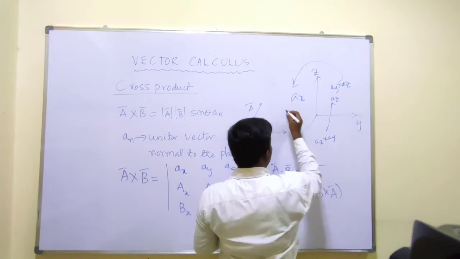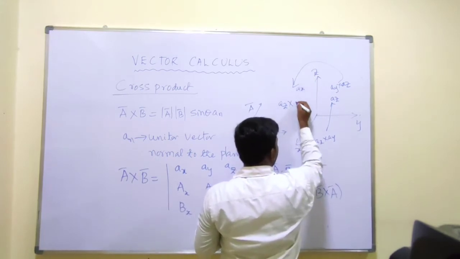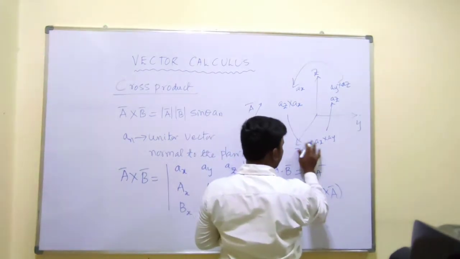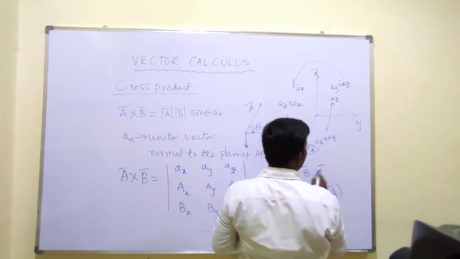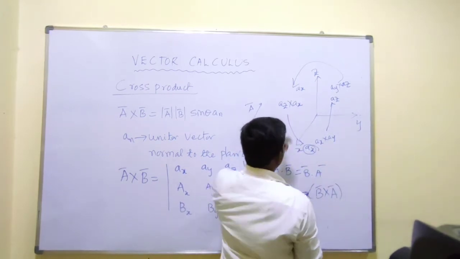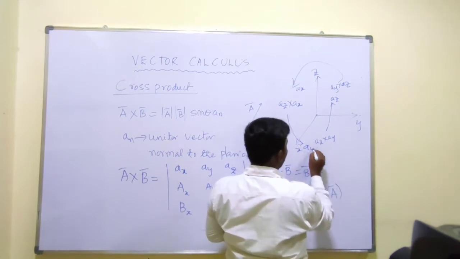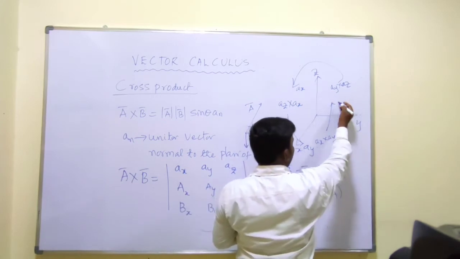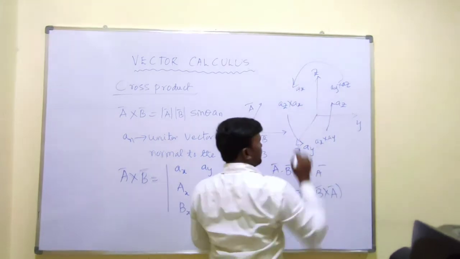And in the zx plane, I have az cross ax, and the resultant vector is ay. So x to y gives z, y to z gives x, and z to x gives y.